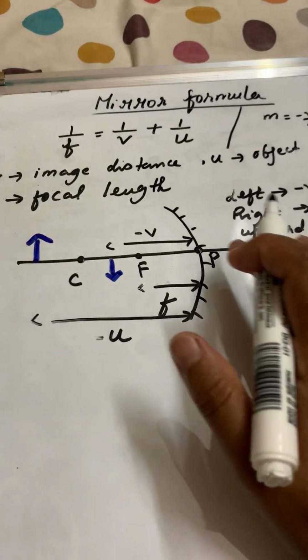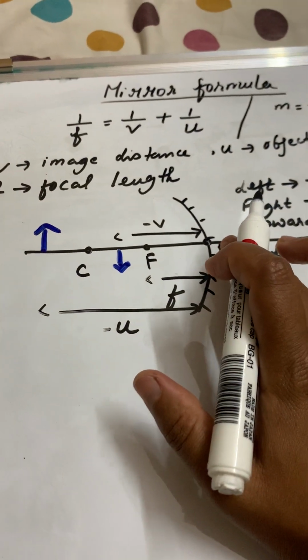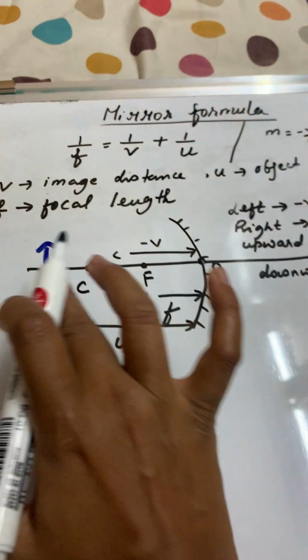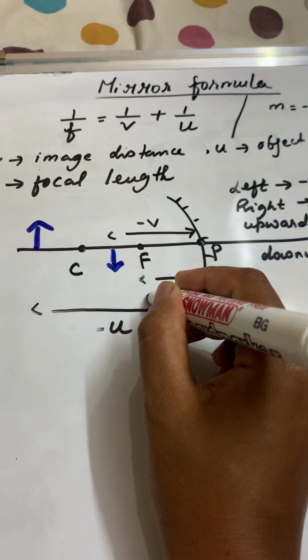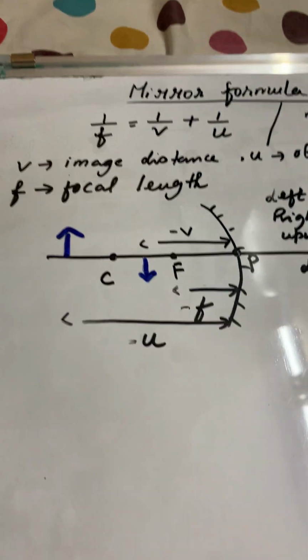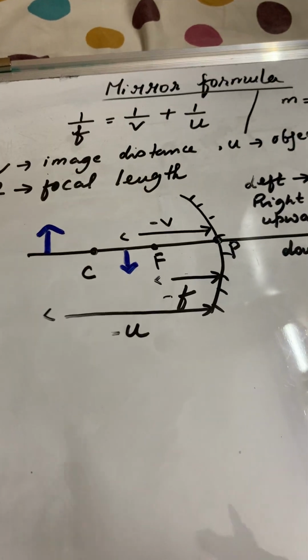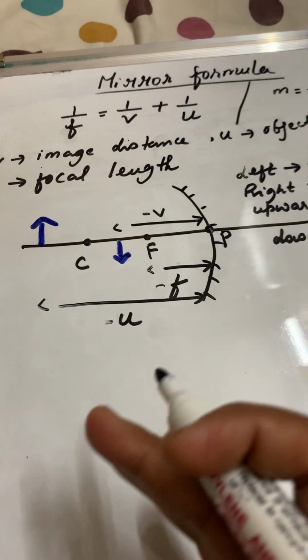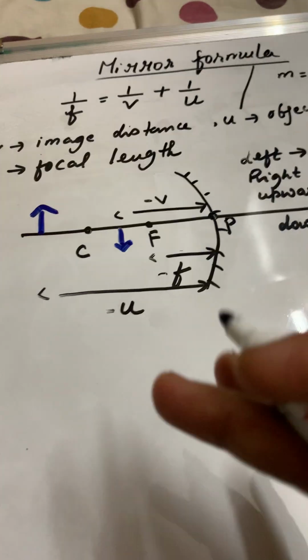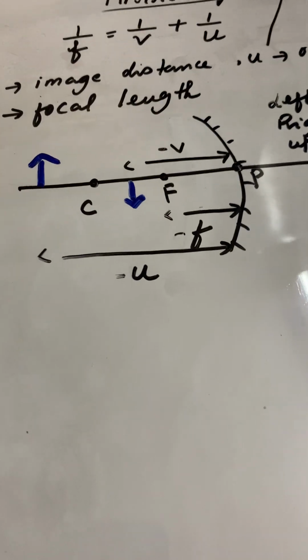The focal length is still on the left side, so focus is negative. So u, v, f can be either negative or positive. If it is on the left side, it has to be negative. If it is on the right side, it has to be positive.